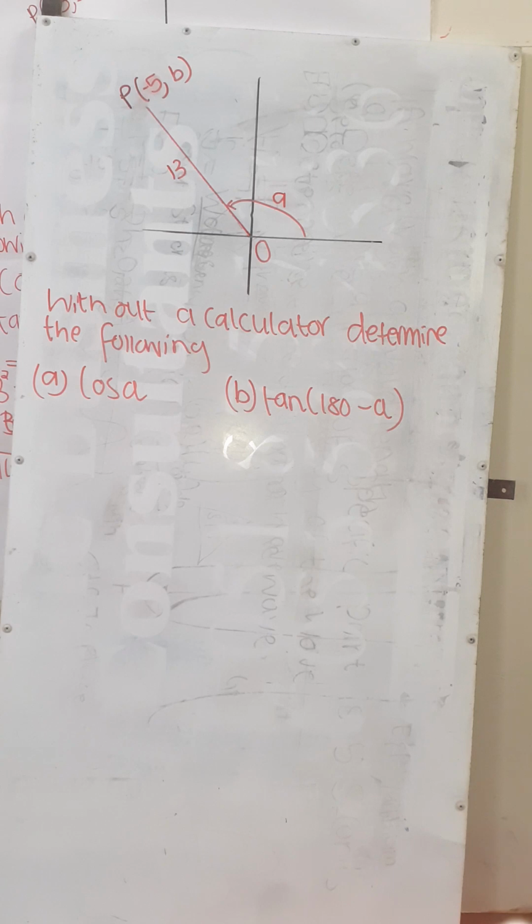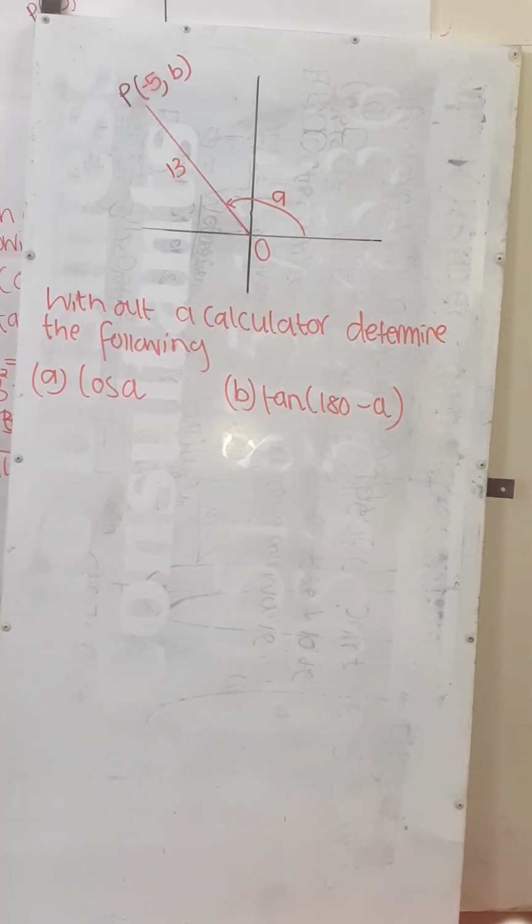That b represents the y, so we have to find the value of b before we do anything else in this question. So the first thing that we're going to do is to find the value of b, and for that I'm going to be using the Pythagoras theorem to determine that.